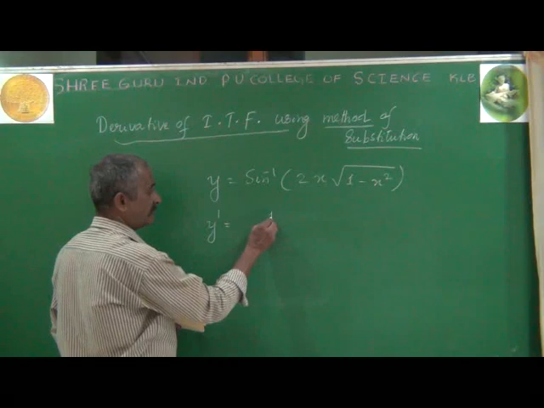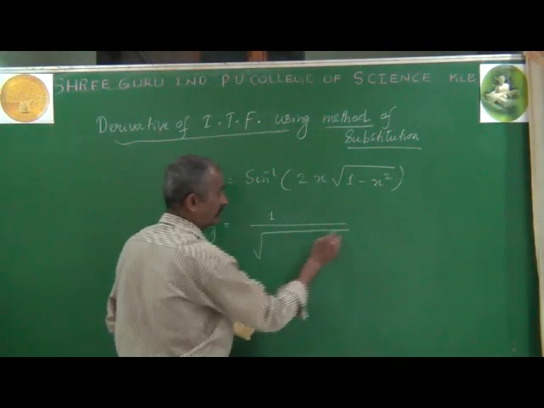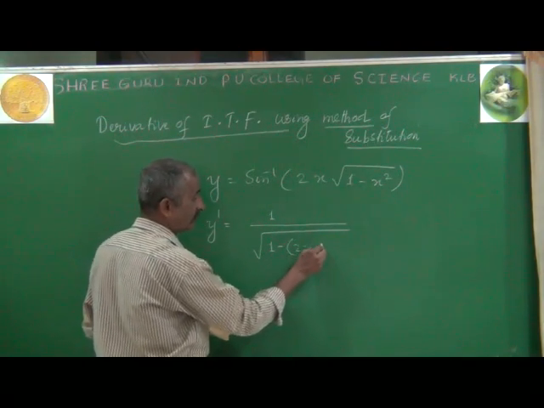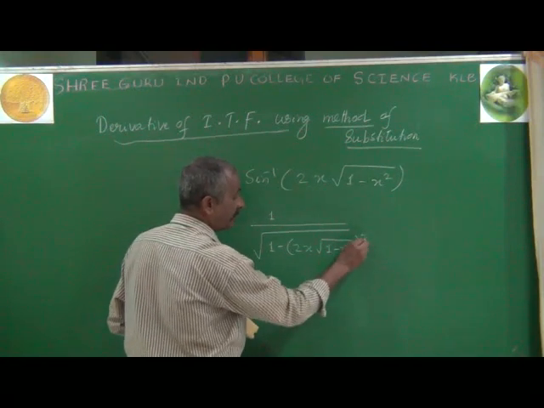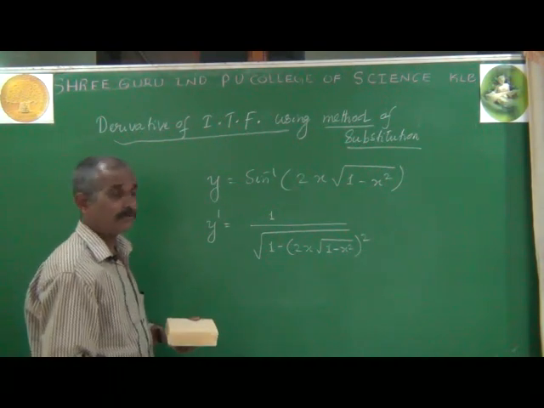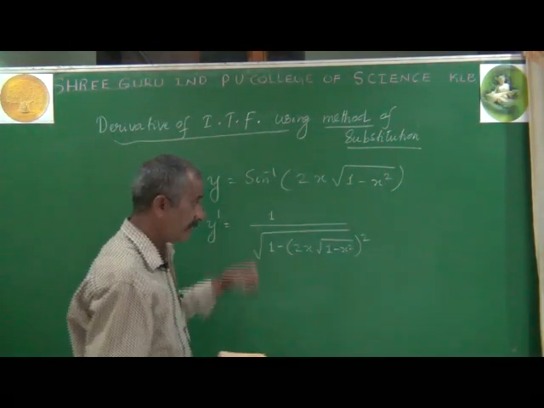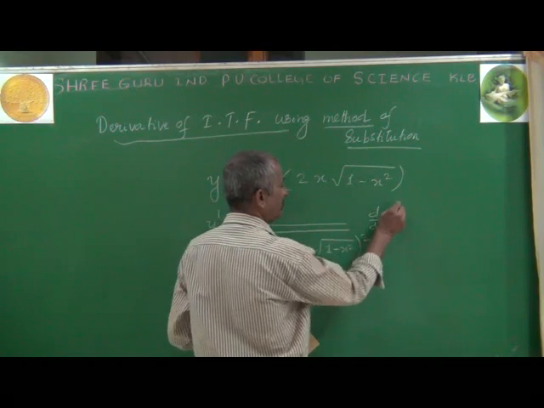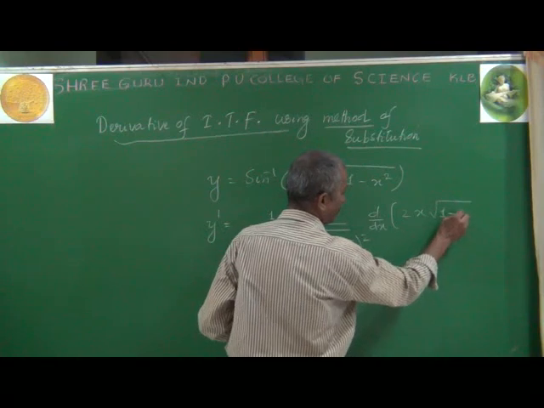Here also the same kind, 1 by root of 1 minus u square, where u square means 2x into root of 1 minus x square, the whole squared. What we have written is just the differentiation of sine inverse of u multiplied by the differentiation of u, namely d by dx of 2x into root of 1 minus x square.